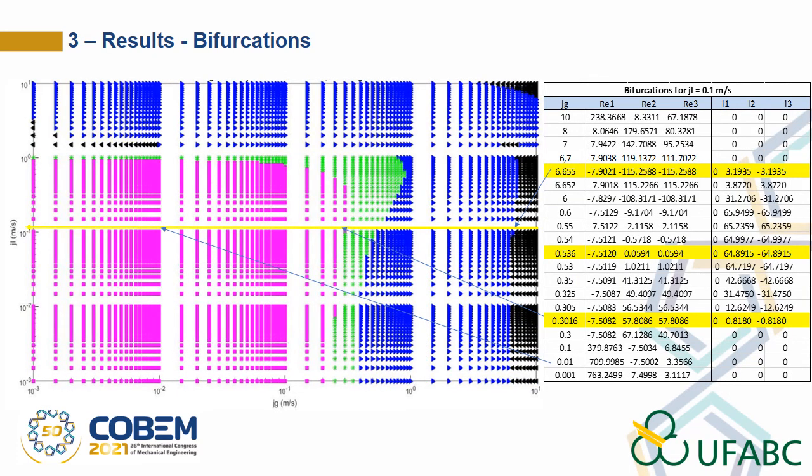We fixed the liquid superficial velocity at 0.1 and vary the gas superficial velocity along the yellow arrow illustrated in the figure. In the table next to the figure, different values of the gas superficial velocity are displayed with the eigenvalues associated with the linearized system of equations.